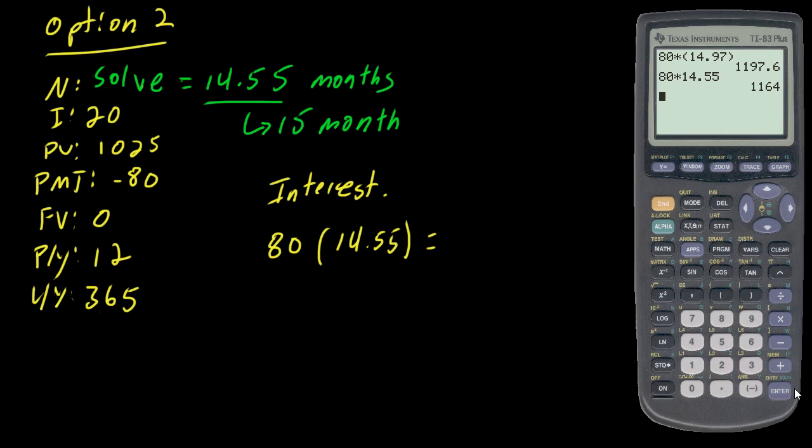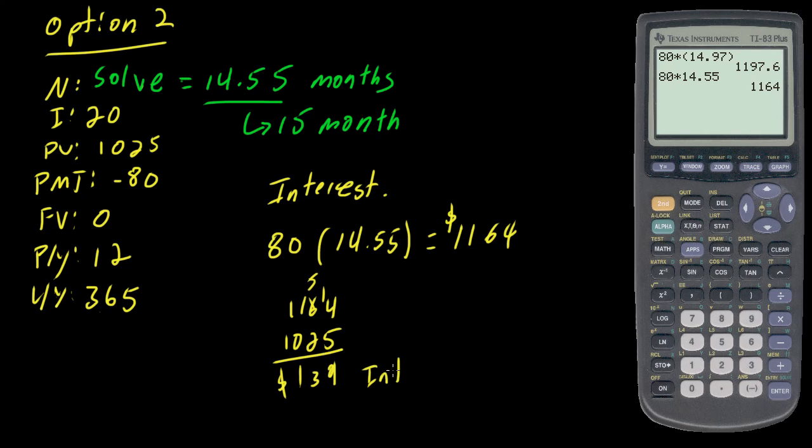So the total cost for him purchasing it using option 2 is $1,164. If we take off the initial amount of the TV, we get $139 in interest.